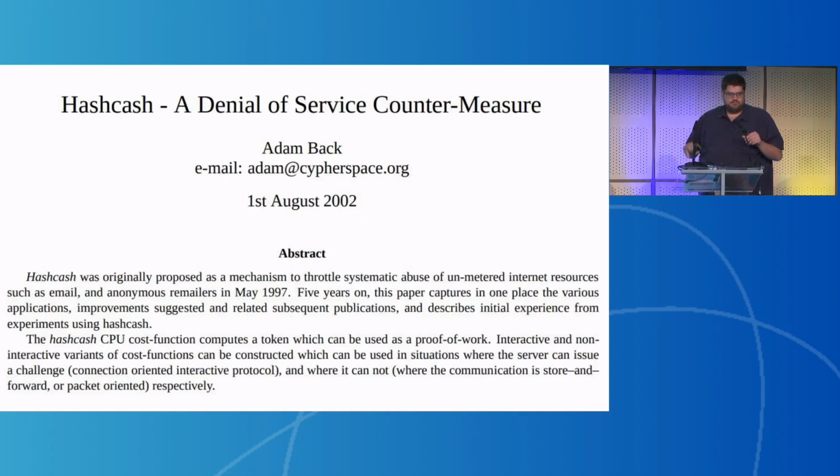So from the cypherpunk side of things, proof of work was, I believe, independently reinvented by Adam Back for the purpose of something he called hashcash. And hashcash was mainly presented for email anti-denial of service countermeasure purposes.